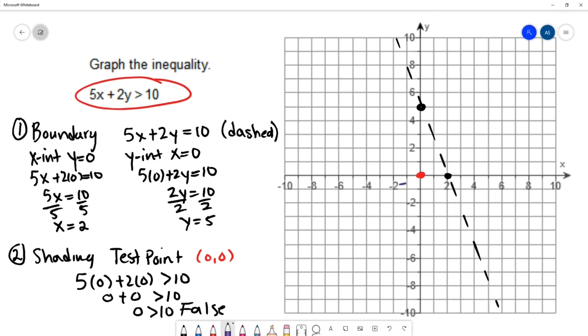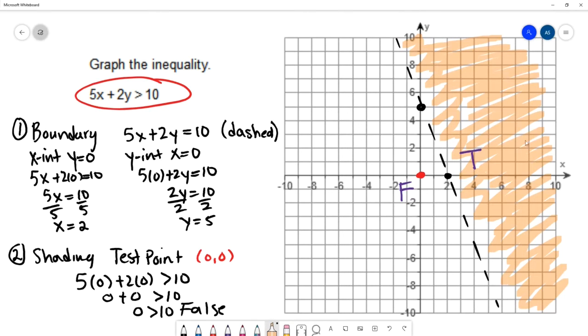So this time our test point came out false, and that means the other side is true. So we're going to shade on the other side. We always want to shade on that true side. For this example, the points that are shaded all the way up to the boundary, but not including the boundary, are the solutions to this inequality.